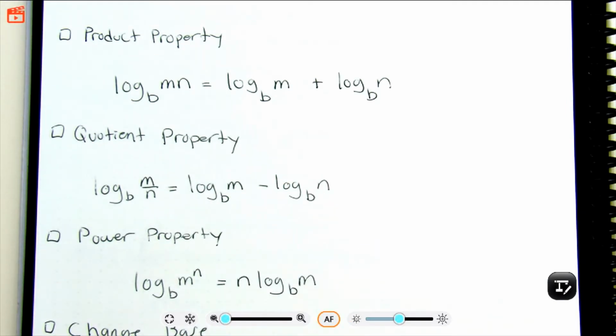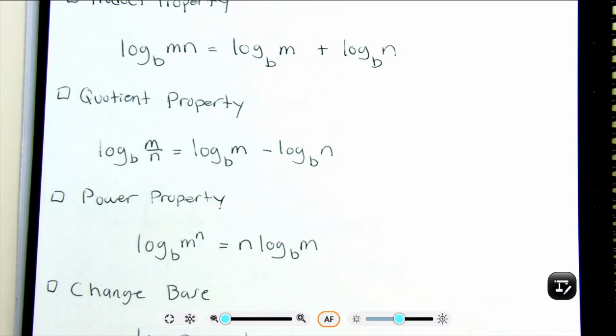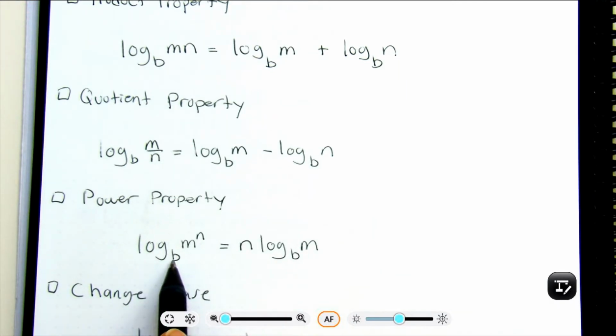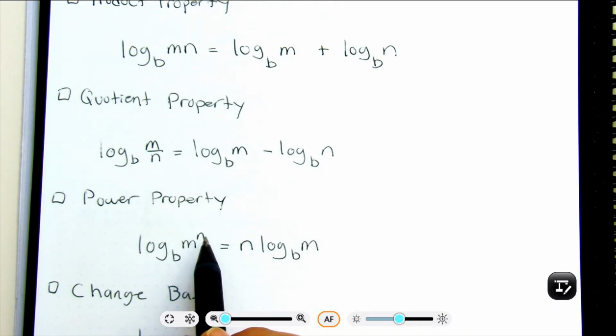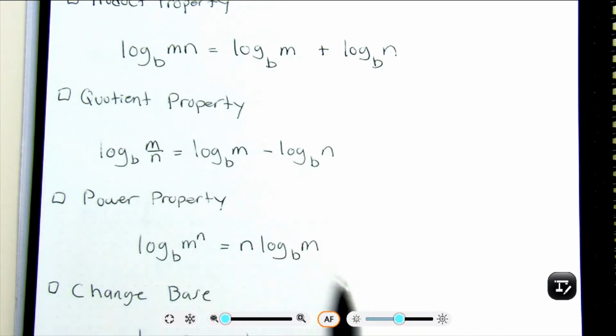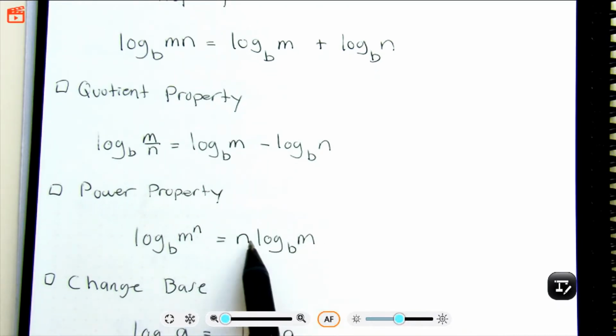The next one is the power property. So if we look at this problem, we have log base b of m to the n power. Now, this exponent, this power, can actually go as the coefficient of the log. And that's what this is. So we see that we have n times log base b of m.